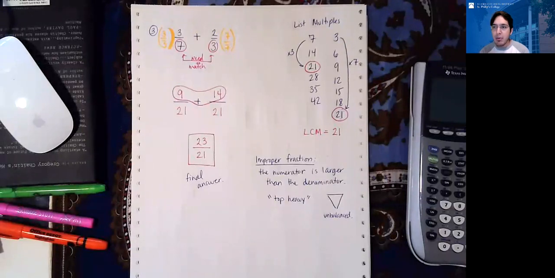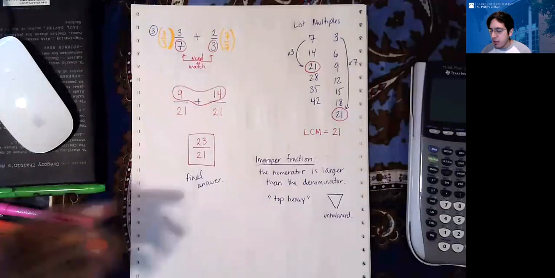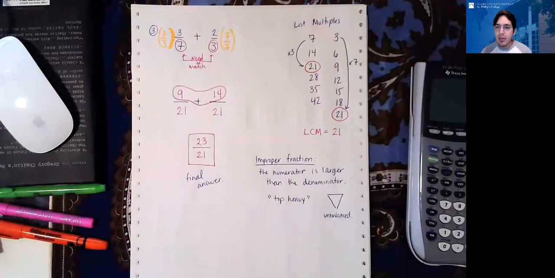Whether it's improper or not, we're going to accept improper fractions as perfectly okay. But it does have to be fully reduced. So if this can be reduced, then you will do it. But if not, then we'll leave it alone. We're not going to worry about mixed numbers until we get to that probably next week.